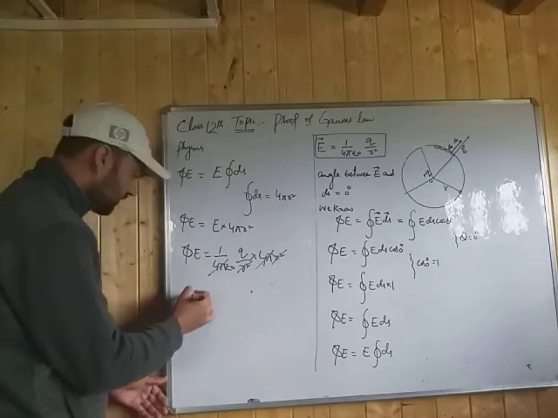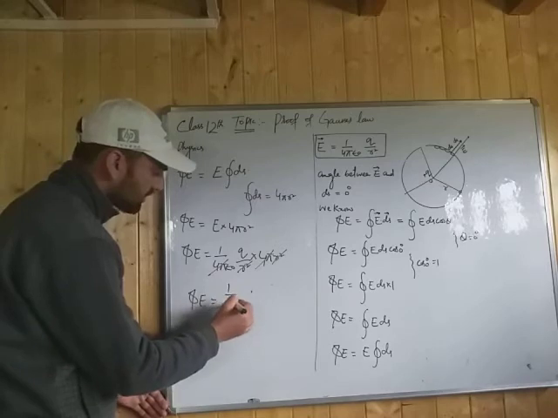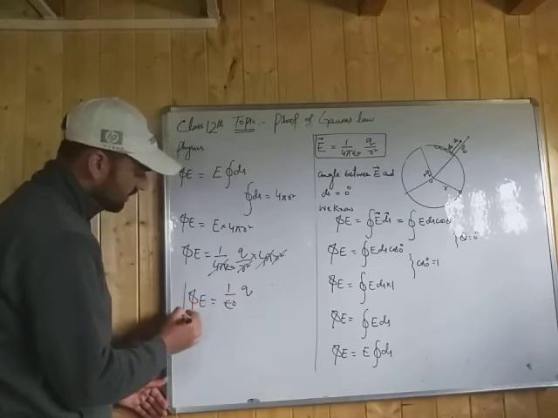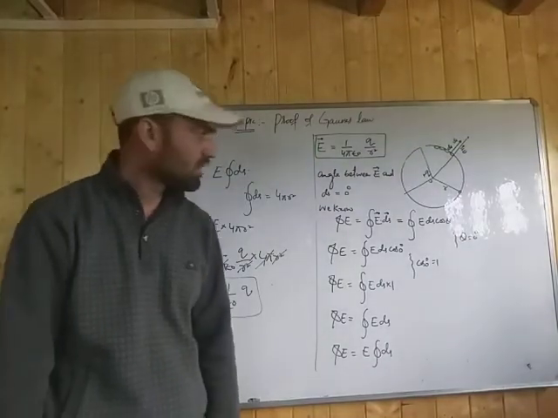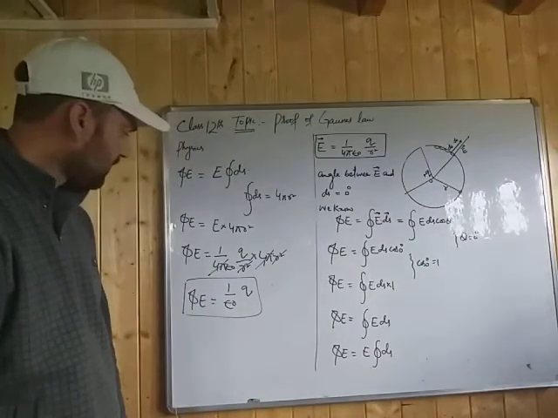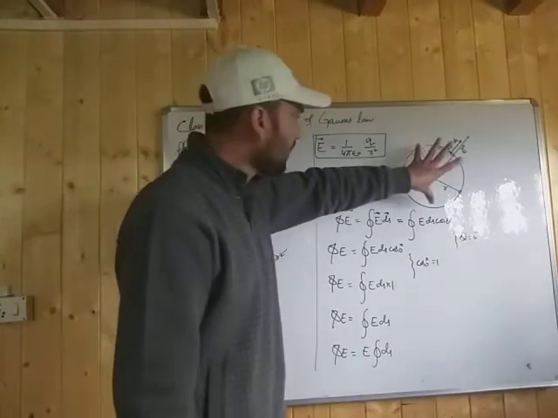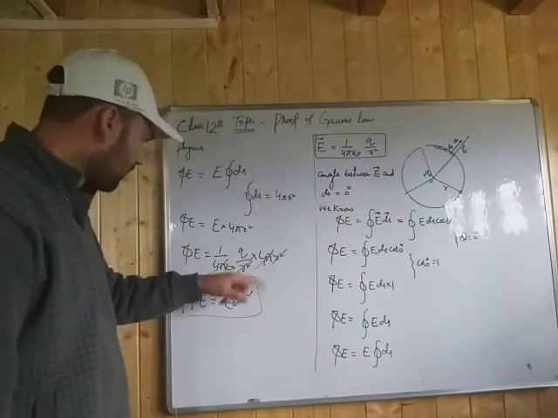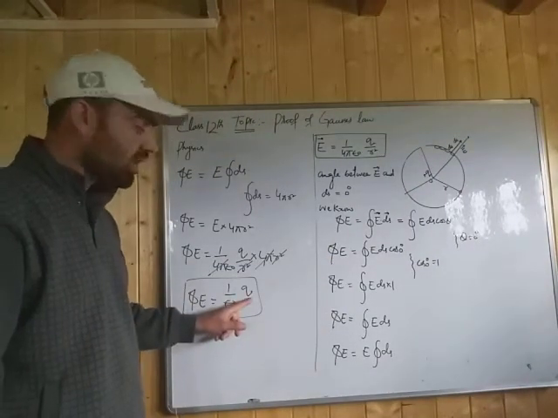So we can write phi E is equal to 1 divided by epsilon naught times the net charge enclosed by the surface. This is the proof of Gauss's law, and it states that the total electric flux that passes through the closed surface is equal to 1 over epsilon naught times the net charge enclosed by the surface.